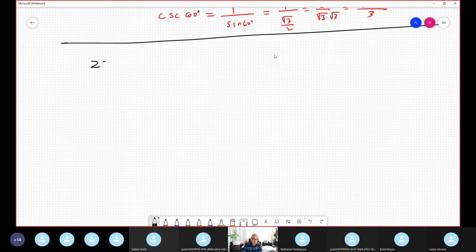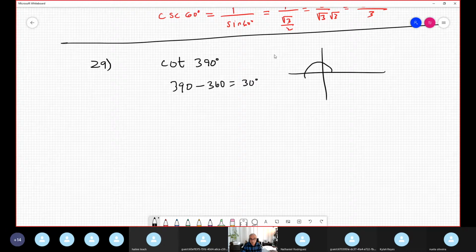You know, we have too many details in this problem, no? Cotangent 390 degrees. Okay, wow, I am lost. Well, no, I am not lost. You subtract 360, no? It's 30. Okay, this is the interpretation that the angle is 1 revolution and 30. This is theta.